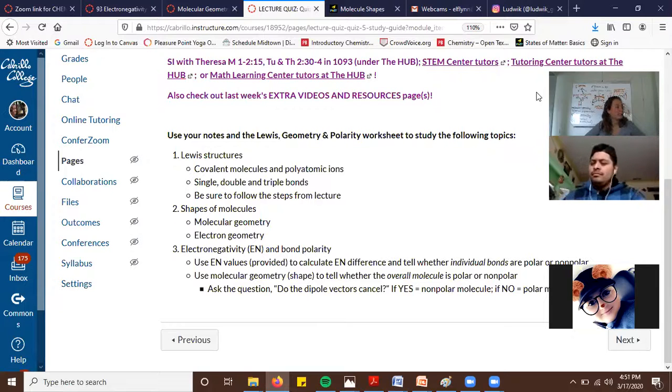Let's do nitrite. Can you do nitrite, NO2 minus? Can you draw the Lewis structure for nitrite? Yep. NO2 minus.